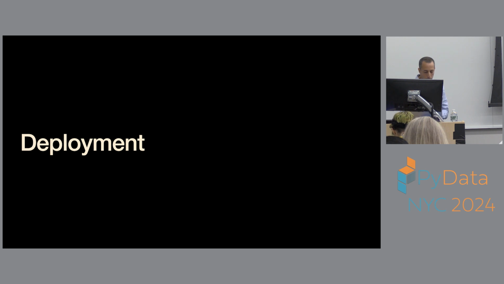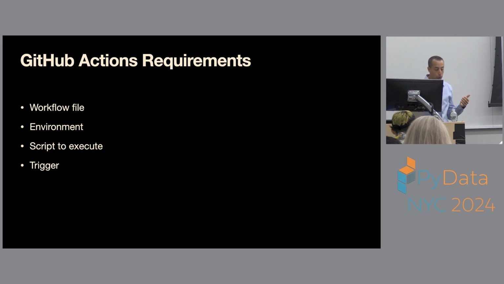Okay, so once you set everything locally, you test it. Now we're moving to the deployment, and actually that's the easy part. To deploy in GitHub Actions, you need the following. You need a workflow file, which we'll dive into in a second. You need an environment, which is the Docker we created and used.